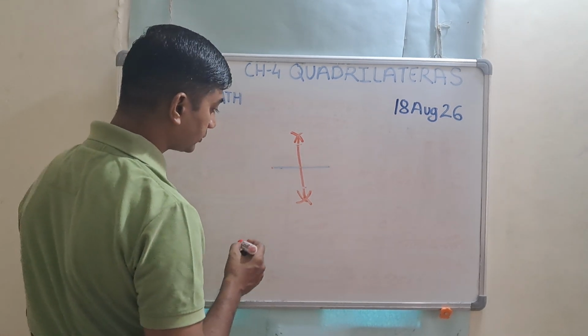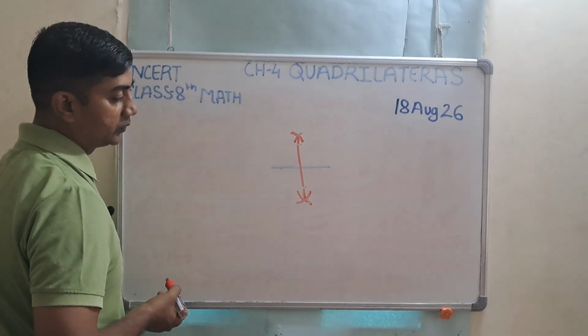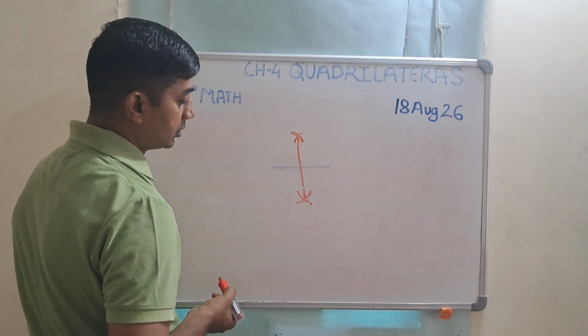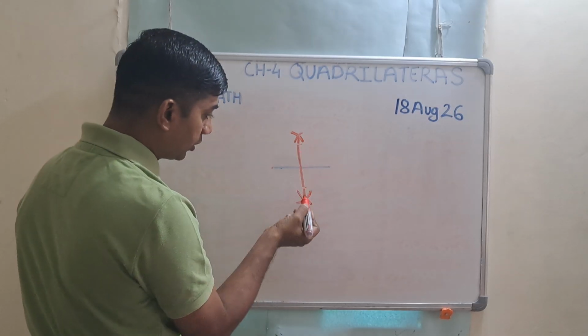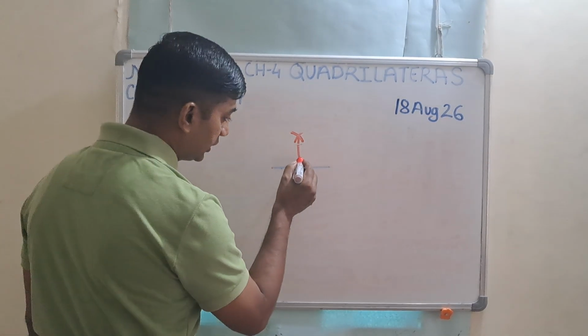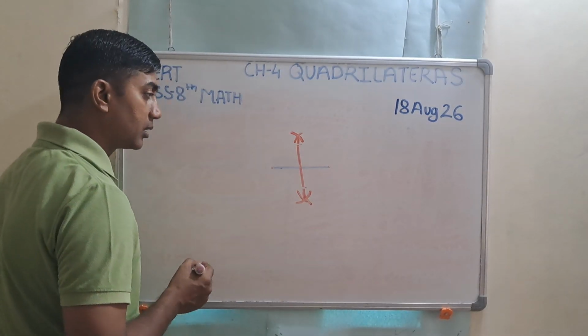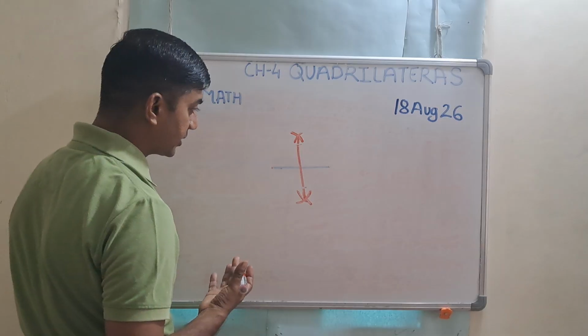When we find the midpoint of the line segment, the line we draw is perpendicular to the baseline. So they are perpendicular to each other, and now this is all our construction.